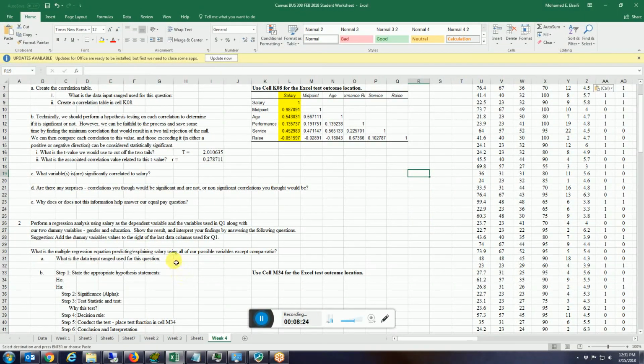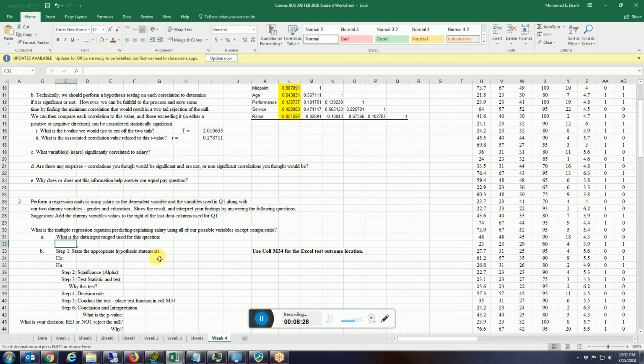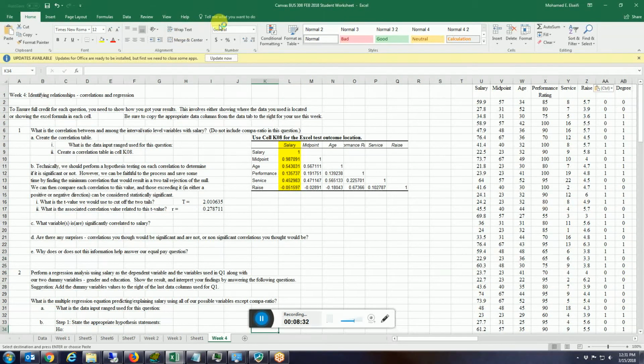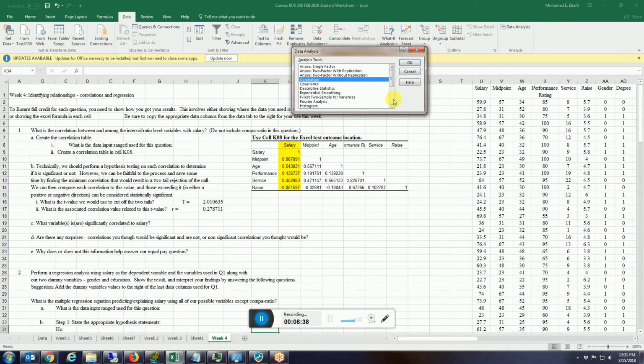Okay, so again you're going to tell me where your data is, and then let's run the regression and see what we get. So we're going to go to data analysis, regression.